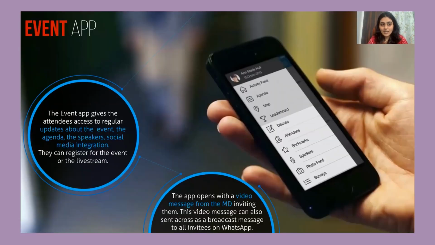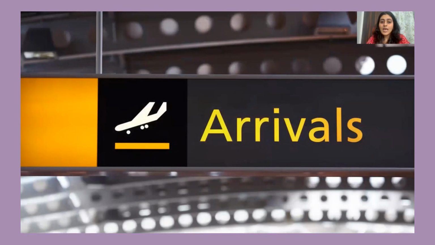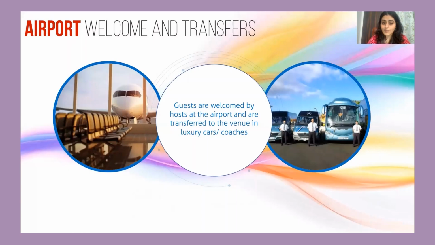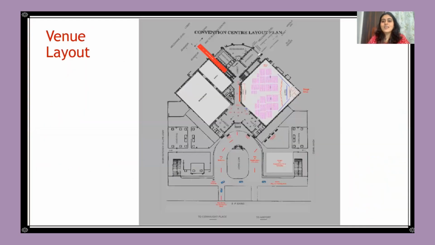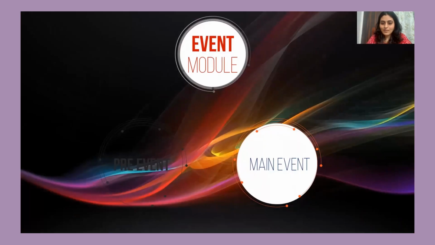There is going to be an event app. I'm going to talk about the technology that I'm also including in the invite. Then when they come to the event, on the arrivals, what's going to happen, right? My event has not started yet, but all of this is before the event, pre-event. So they do a hotel welcome and all of that, right? And then you get into the main event part.